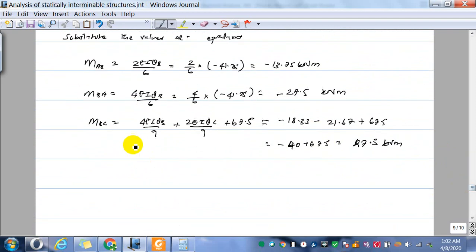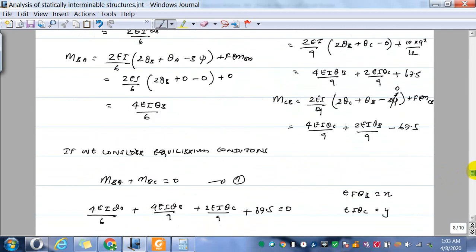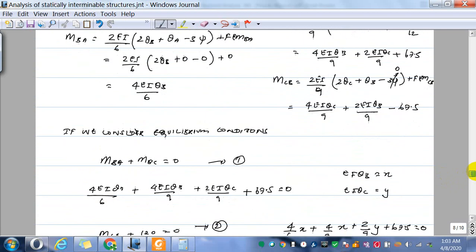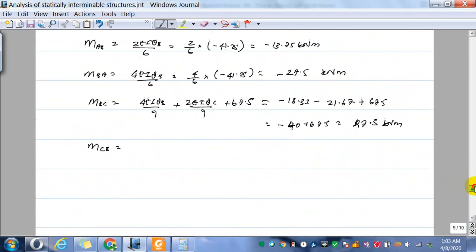So similarly, if you substitute, MCB is 4 EI theta C over 9 plus 2 EI theta B over 9 minus 67.5.